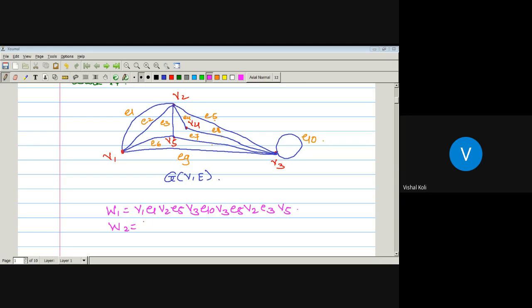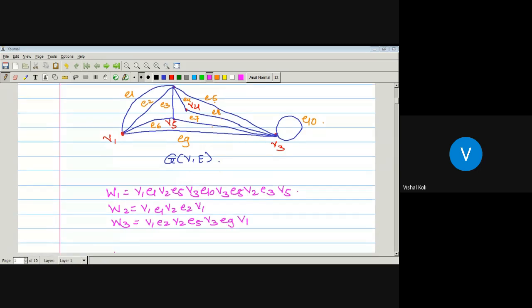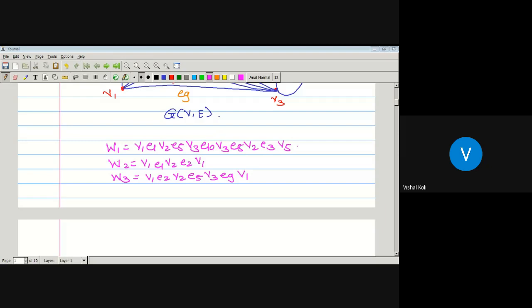W2 is nothing but V1, E1, V2, E2, V1. One more, W3, is nothing but V1, E2, V2, E5, V3, E9, V1. Okay. So these are the three: W1, W2, and W3.